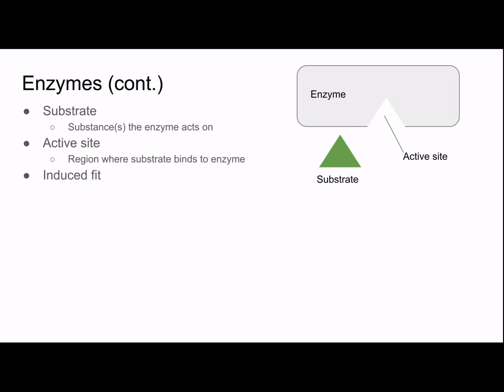that active site. So induced fit is when the substrate enters, the active site will slightly change to better fit around the substrate. So a lot of times people used to say the enzymes and substrates are like lock and key, but that's not really true, because in reality the lock will kind of change shape for the key to fit in better, so to say.